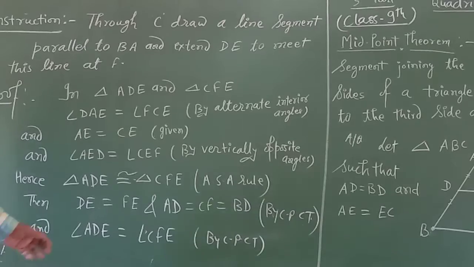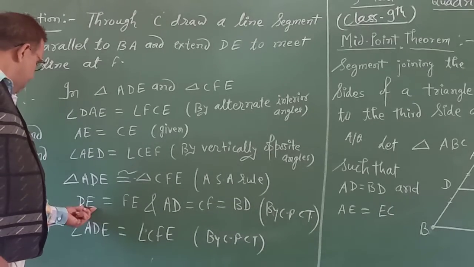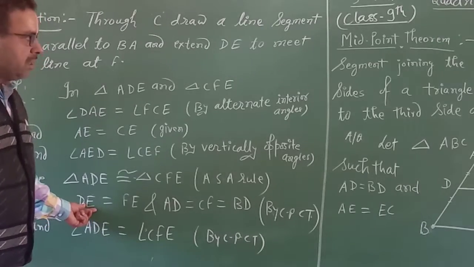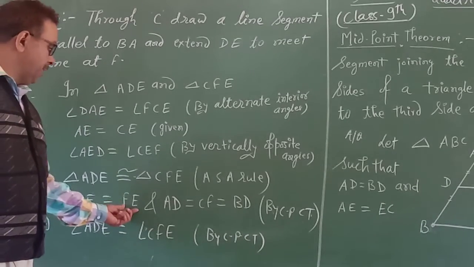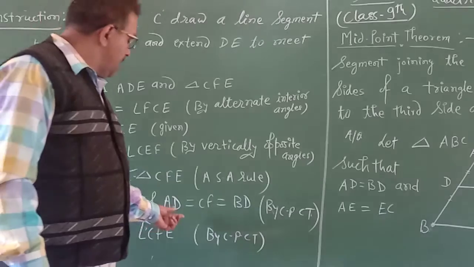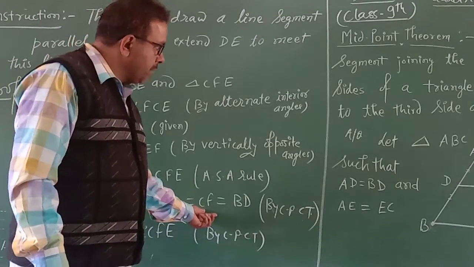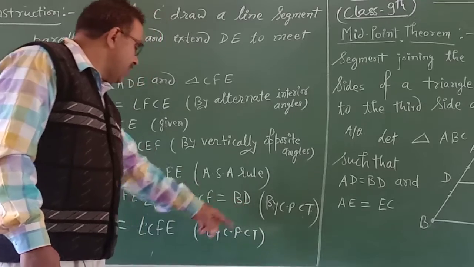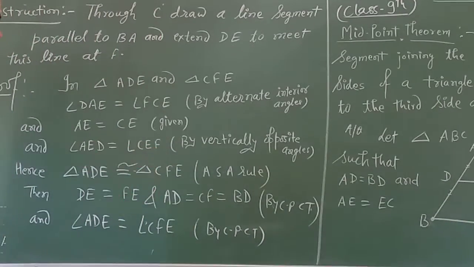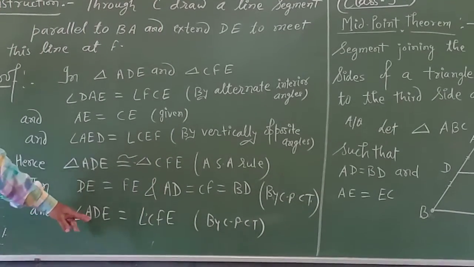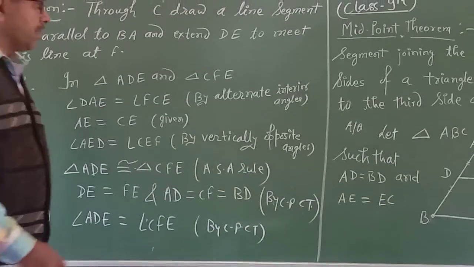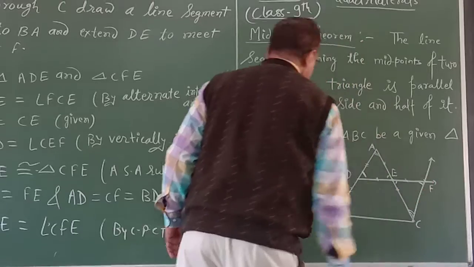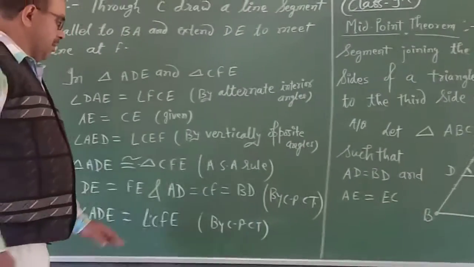After that, by CPCT we get DE equal to FE and AD equal to CF, and D is the midpoint, so it is also equal to BD, and angle ADE is equal to angle CFE by CPCT.